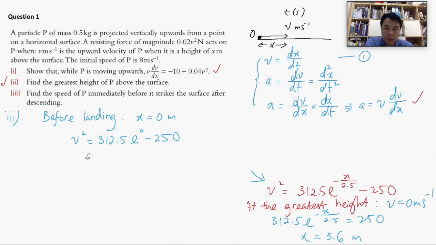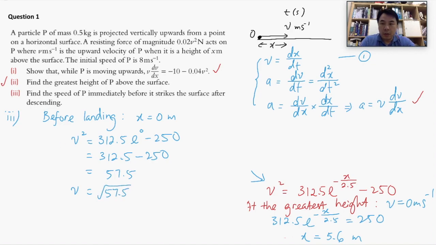And then we can see that this is 312.5 minus 250, which gives us 57.5. Therefore, the speed would be the square root of 57.5.